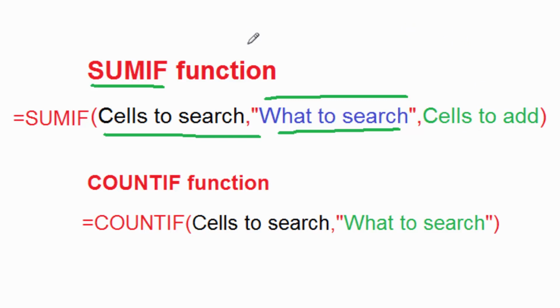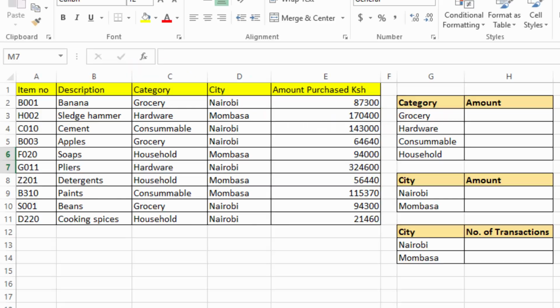I will show you here in MS Excel how we can do the SUMIF function. Now you can see here I have a list of supermarket items which were purchased, and these items are mixed up together.